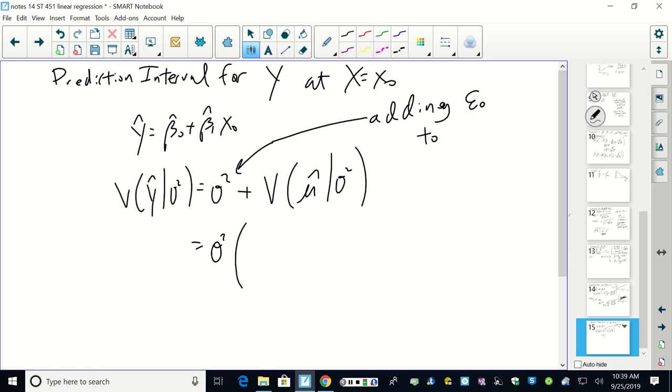In the model, it would add on to beta 0 plus beta 1 x sub 0, to produce a new value. And that one is an independent error added on with extra variance, so the variance gets added on. So there's a 1, and this thing had 1 over n, and this thing had x of 0 minus x bar squared.